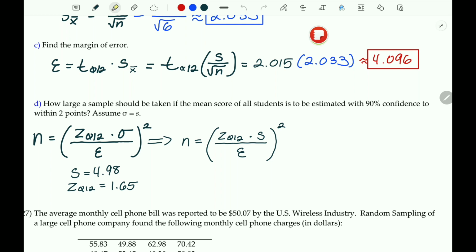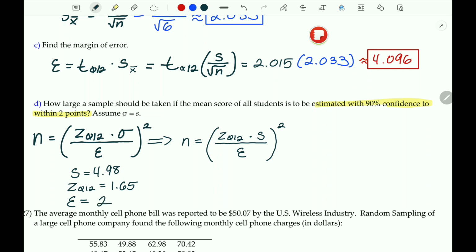The margin of error for this question is different from the margin of error in part C, because the margin of error is the maximum likely difference between the point estimate, which is the sample mean, and the parameter, which is the population mean. In this question, we want to estimate the 90% confidence interval to be within 2 points. Therefore, our margin of error is 2 points.